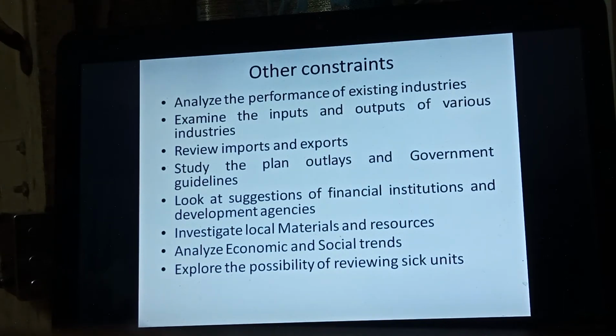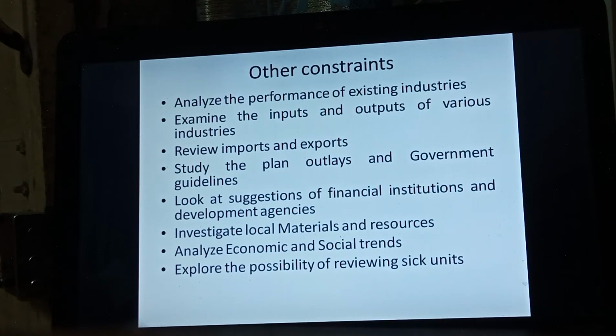Analyze economic and social trends. What are the economic and social trends of a particular area, that we will have to consider. Explore the possibility of reviving sick units. Suppose an owner has 7 or 8 mills, 10 mills, out of them 2 are not performing well.